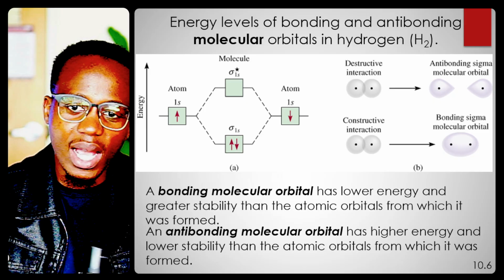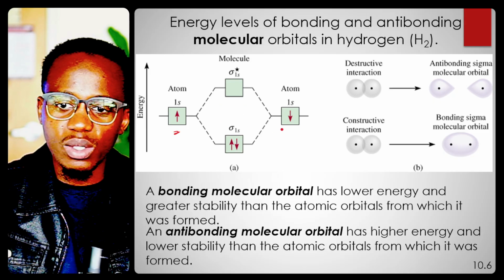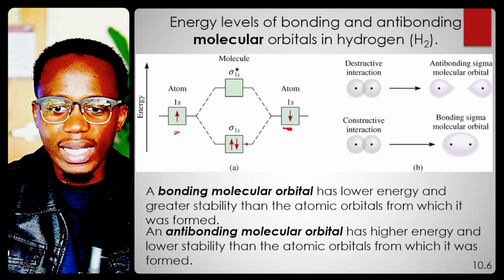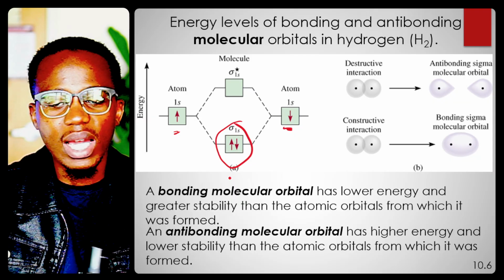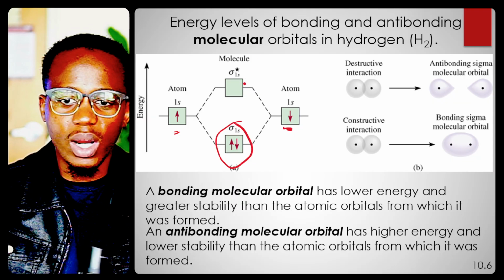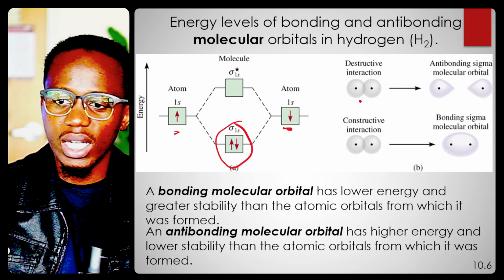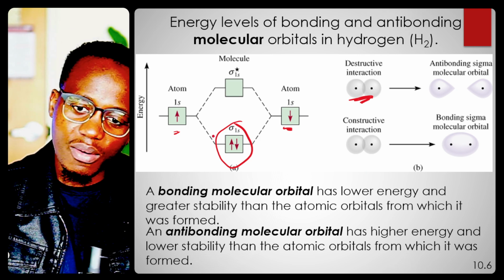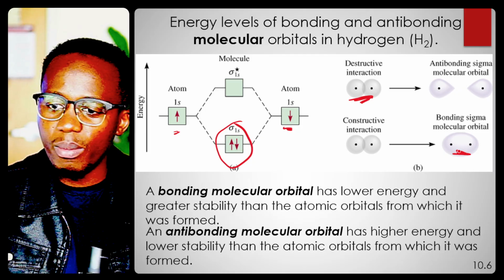So let's say 1s combines with 1s, right? They can combine to make two electrons in a box like this, but sometimes we do what we call destructive interaction, where whenever they combine, they cancel out, where you don't have any bonding, right? But here, when they combine and they give you two electrons, this is how you form a sigma bond, right?